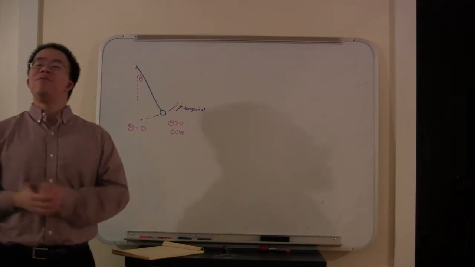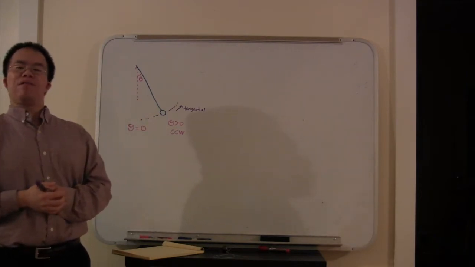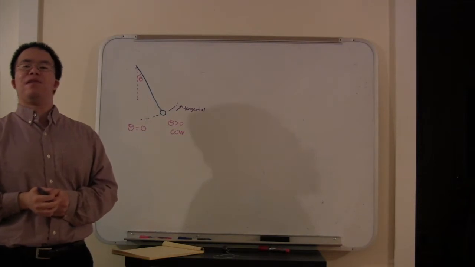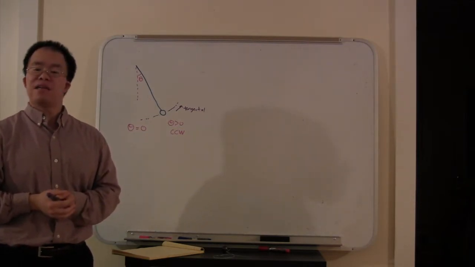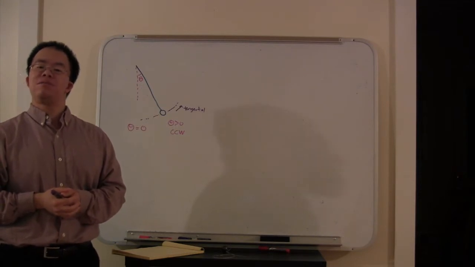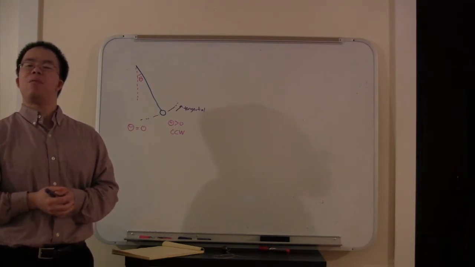Alright, so now let's think about what forces might be acting on the pendulum bob. Before I draw the free body diagram for this, I'd like you to take a minute to think about what forces might be acting on my pendulum bob.